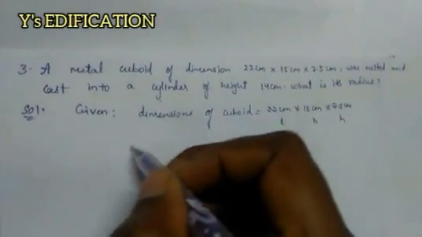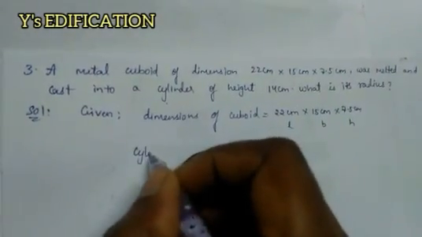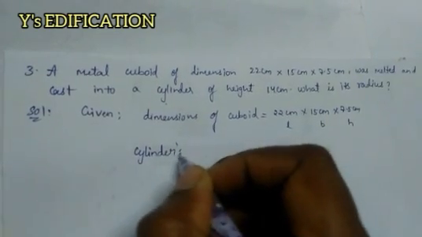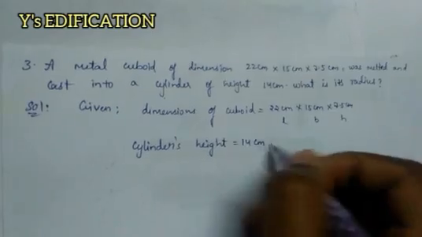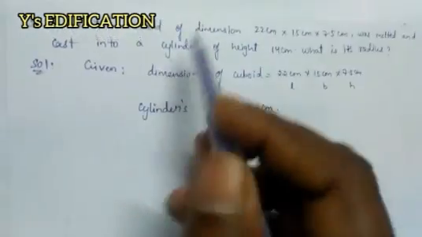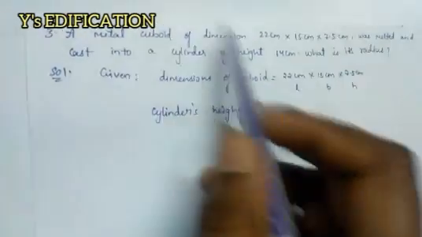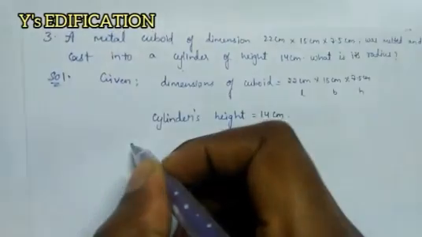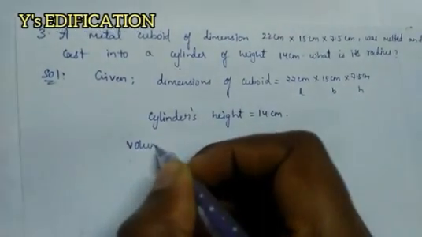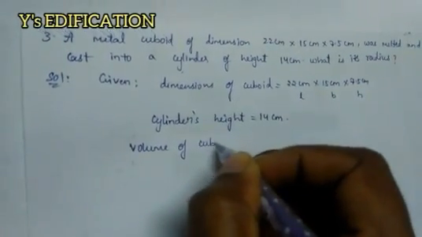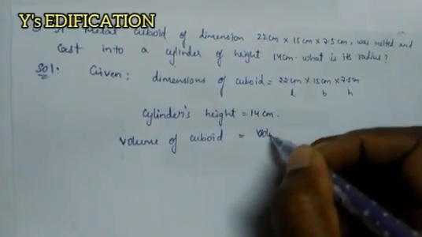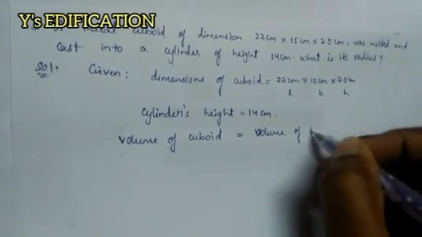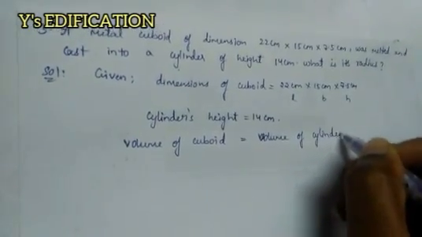And next, the cylinder: the height of the cylinder is equal to 14 centimeters. Now what did they do? They converted this cuboid to a cylinder. That means the volume of the cuboid is melted and converted to a cylinder. So the volume of the cuboid is equal to the volume of the cylinder.